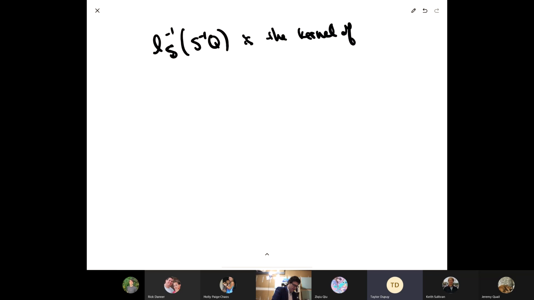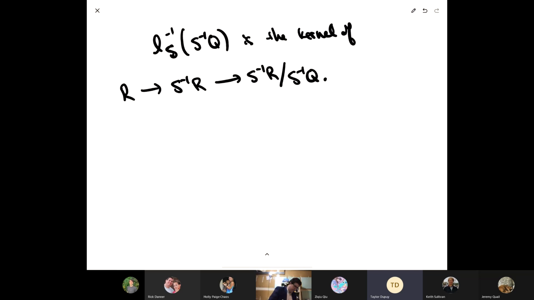All right, so let's do the same thing. LS inverse of S inverse of Q is the kernel of the following: we take R to S inverse of R, and then we take this to S inverse of R mod S inverse of Q. So it's the kernel of this big composition.